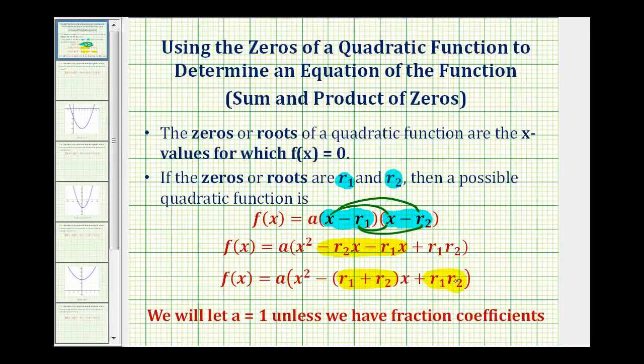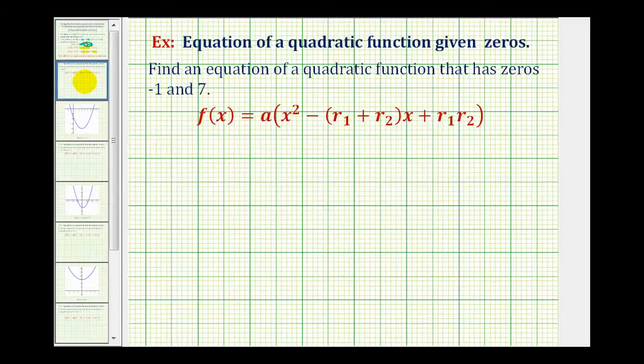So now we can use the sum and product of the zeros to find a possible quadratic function. Let's go ahead and give it a try. We want to find an equation of a quadratic function that has zeros -1 and +7.